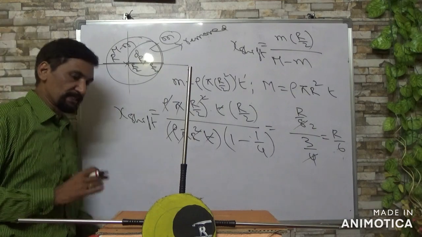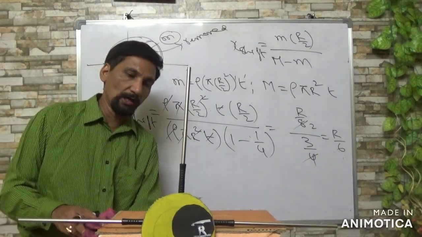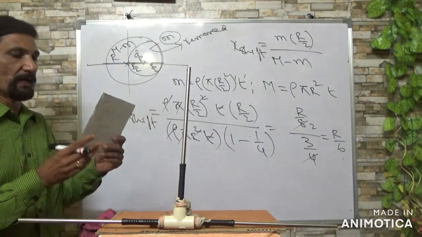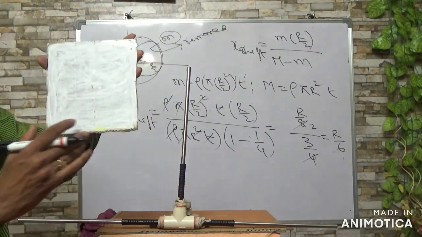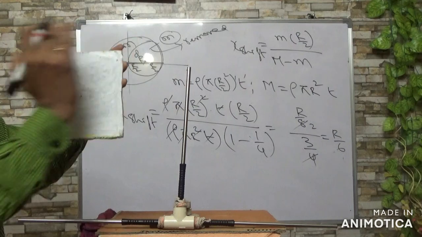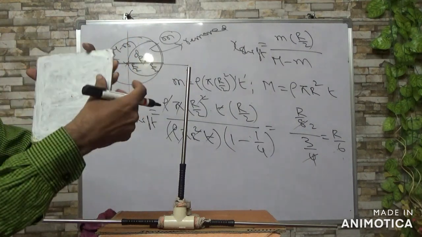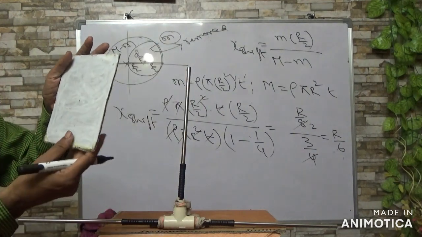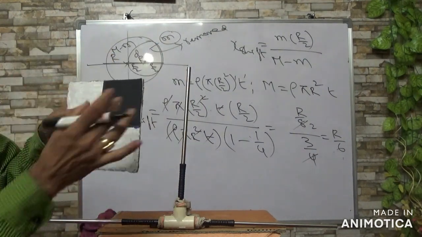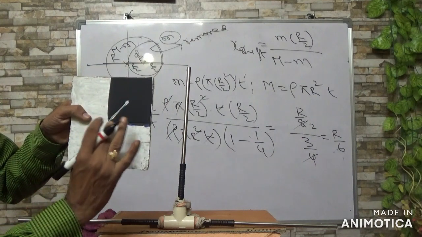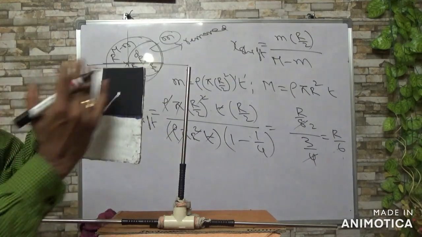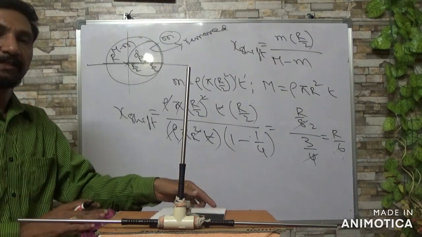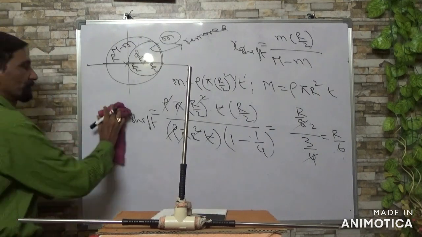Okay. Now in the same procedure we will try to solve another problem. There is one square plate of each side 2a, having uniform thickness and uniform mass distribution. From it, let us assume a square piece of side a is cut. Then you want to know the shift of the center of mass. Same procedure.